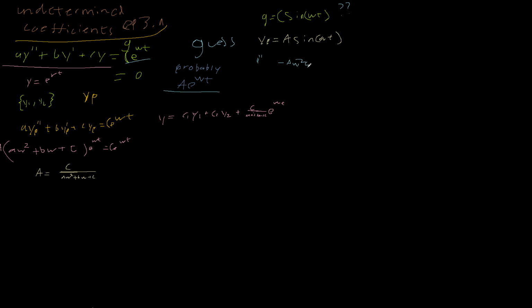Taking the derivative, we're going to get negative A omega squared sine for the second derivative, and the first derivative is going to be A omega cosine. And now we have this awkward cosine term.